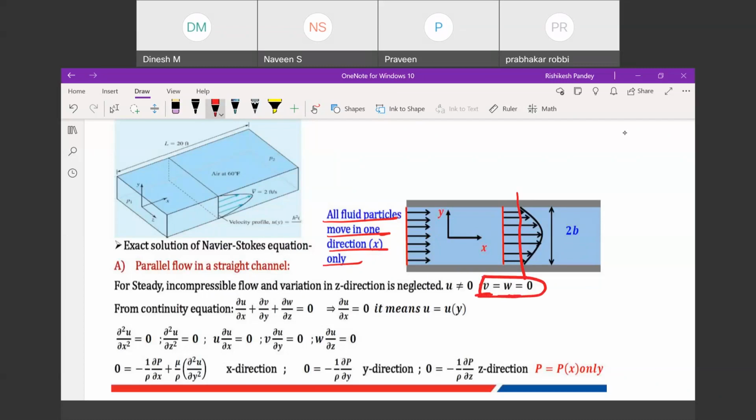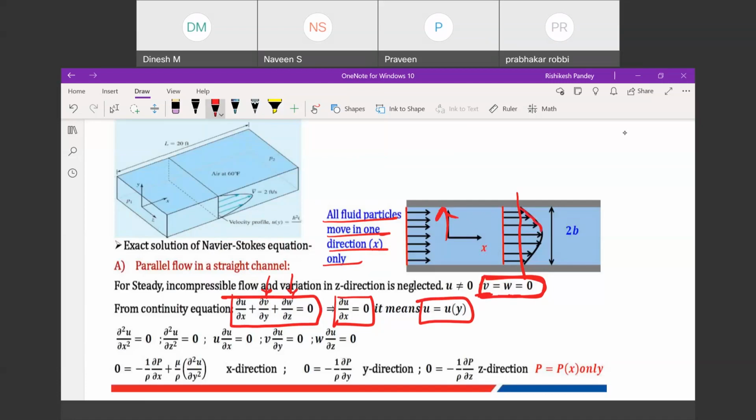The moment I put v and w as 0, now you see this is my continuity equation. If v is 0, w is 0, then dou u by dou x is 0. If dou u by dou x is 0, it means that velocity is varying in y direction only, and that's why this profile is coming like this.